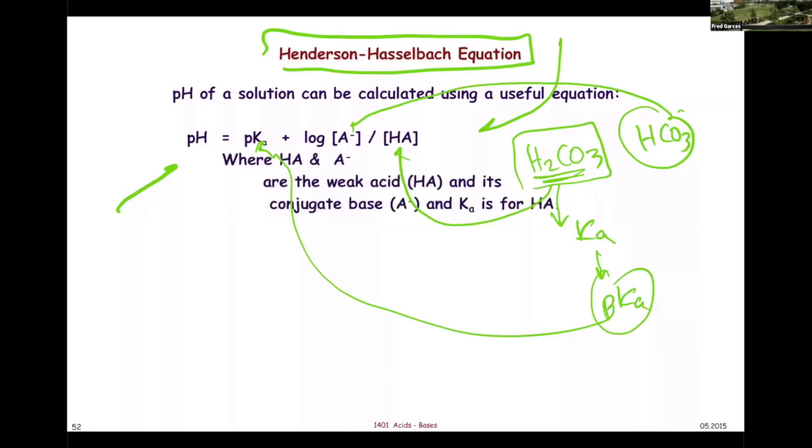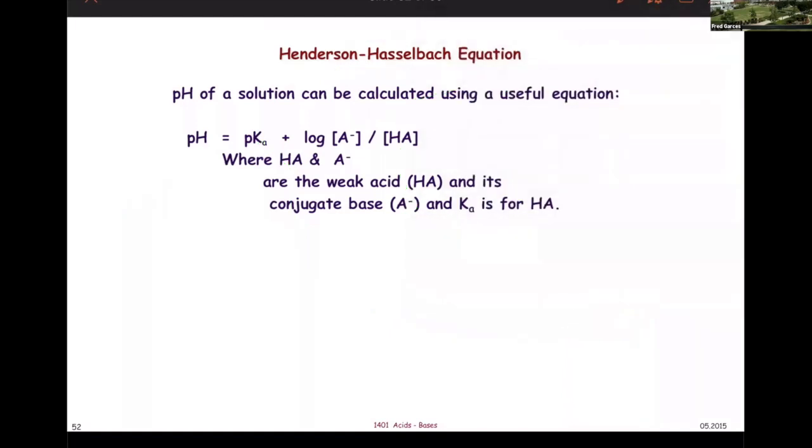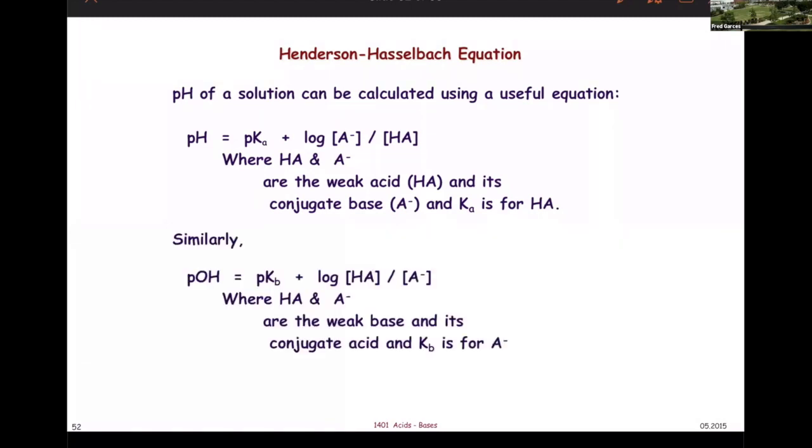That's what I'm illustrating here. HA and A minus are the conjugate pairs, and you just have to figure out what the concentrations are, and then figure out, based on the Ka of the acid, what the pKa is, and then you can calculate it. You can calculate either the pH or the pOH, depending on your buffer system.